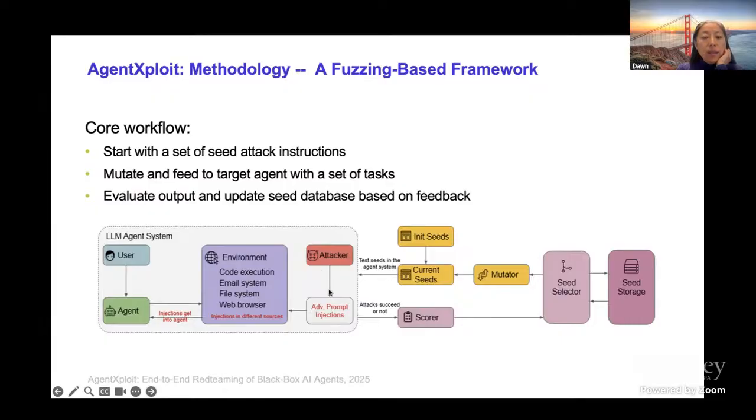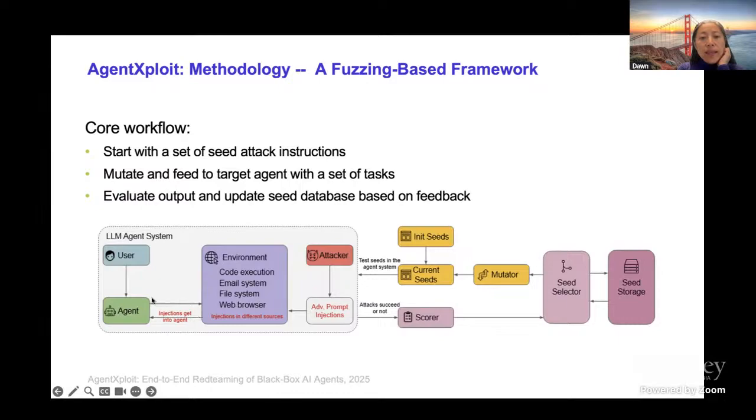These are malicious inputs that can then be injected into the agent input, like the maliciously constructed resume, and then executed on the agent system.